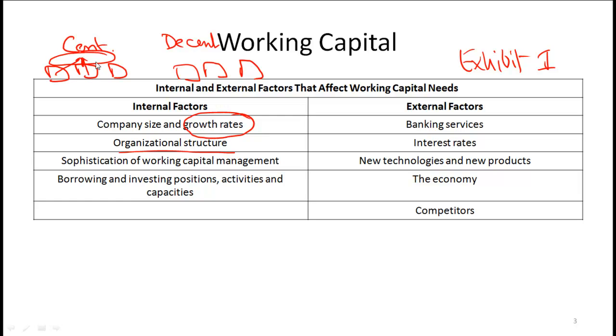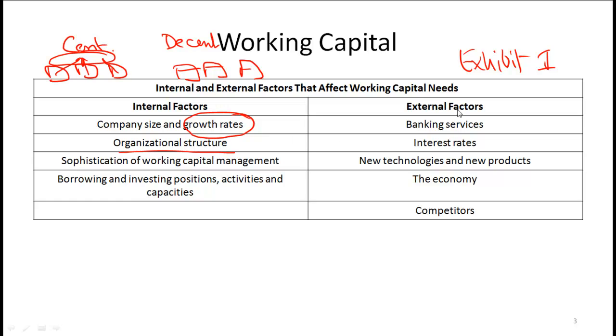So essentially working capital management is done centrally. Decentralized, every division has its own working capital management. So clearly the working capital needs in the decentralized environment will be more, because every division will need to worry about its safety factor, its buffer, and so on. Whereas here, since the working capital is centralized, overall there will be some efficiencies.